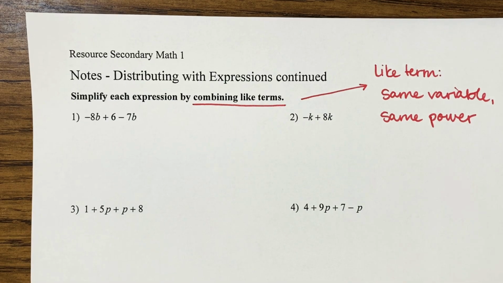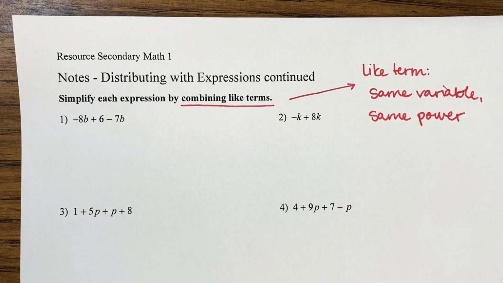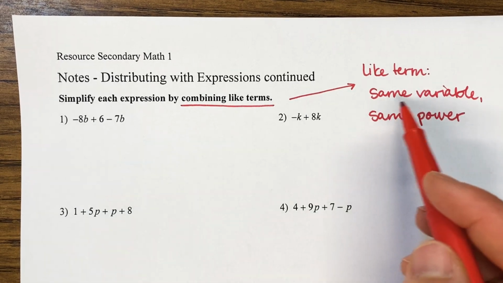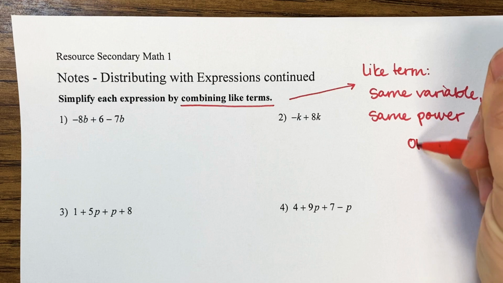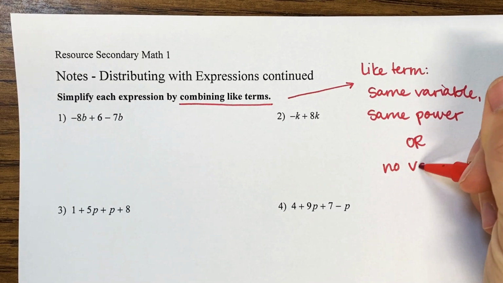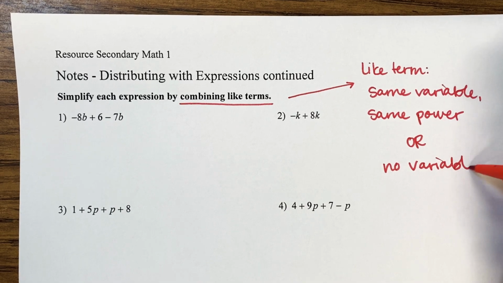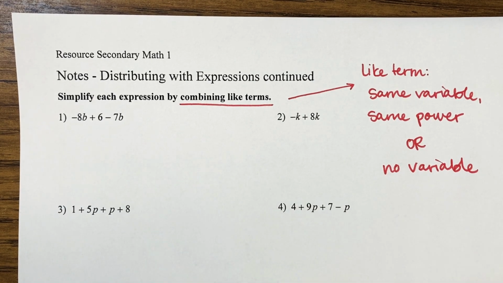Same variable, same power. For our notes today, we'll just be dealing with to the power of 1. So they have to either have the same variable or no variable. Numbers with no variables attached are also like terms. Those are called constants.